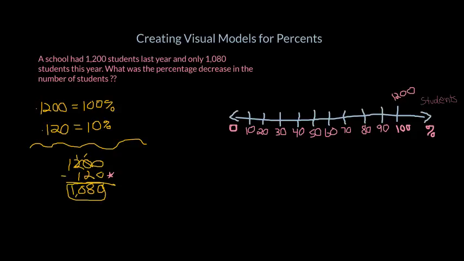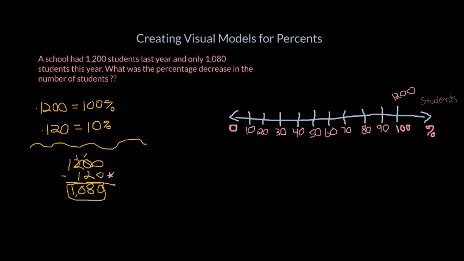So if that gives us our 1,080 and it's 10% of the 1,200, then it looks like 10% decrease in the number of students is our answer.